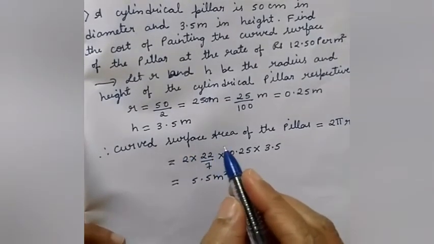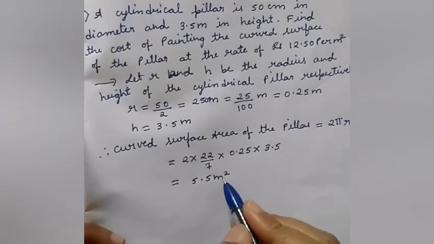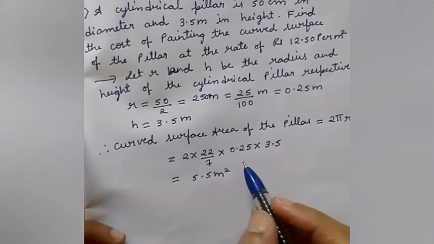So we have obtained that the curved surface area of the pillar is 5.5 meter square.